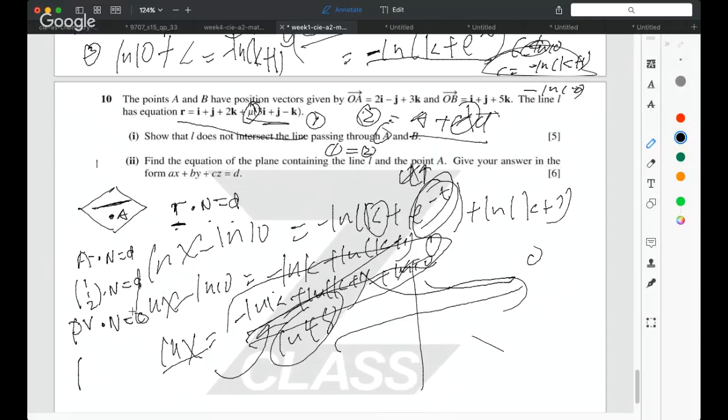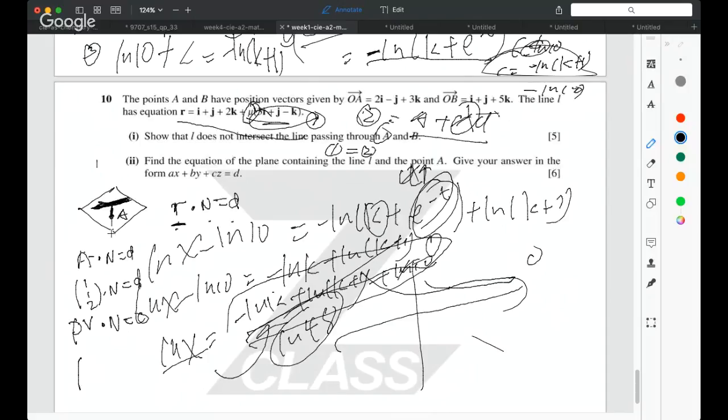I think there's an easier way to work out the normal vector. You have the plane like this, and a vector on the plane you already know, which is a directional vector of this line. If you find another vector and do the cross product, do you know what a cross product is?